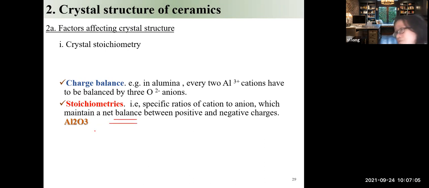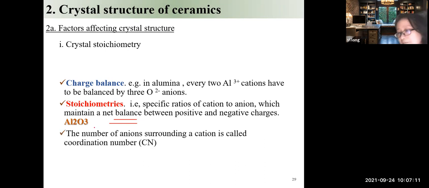You learned this in secondary school. Okay, the second, the terms, remember this one. This is a new term, I think. The number of ions surrounding the cation is called the coordination number.